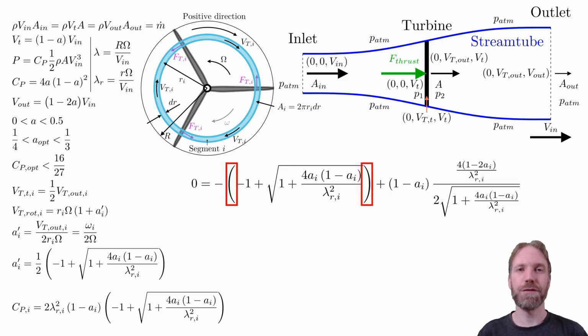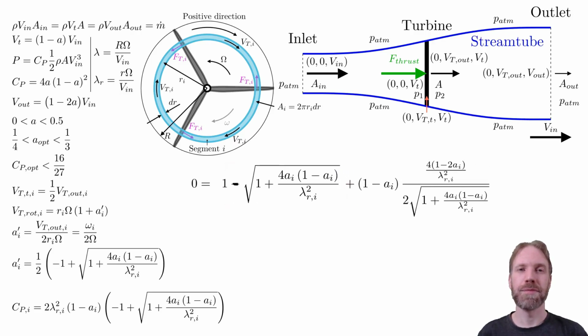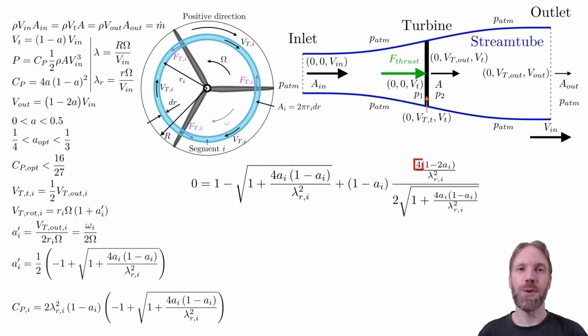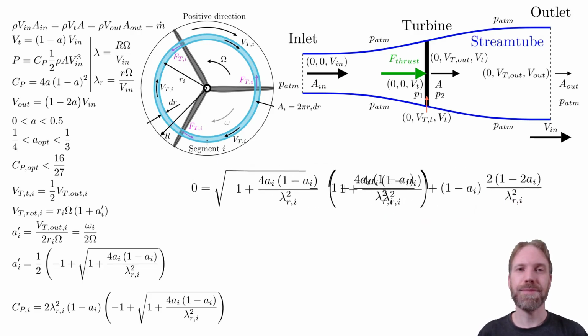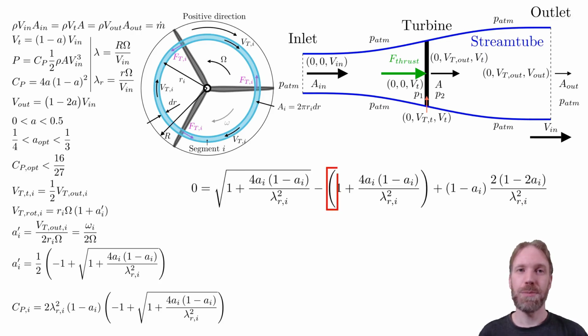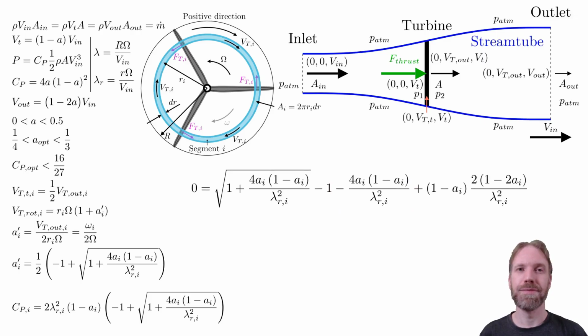Remove parentheses. 4/2 is 2. Multiply all terms with this square root. Remove parentheses. 2 times 1 minus a_i over lambda squared is a common factor.